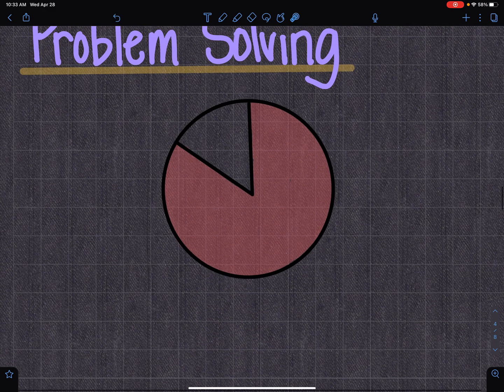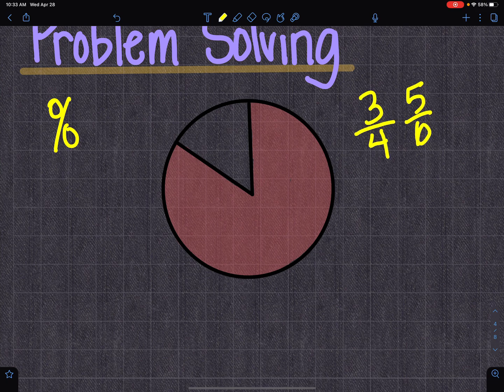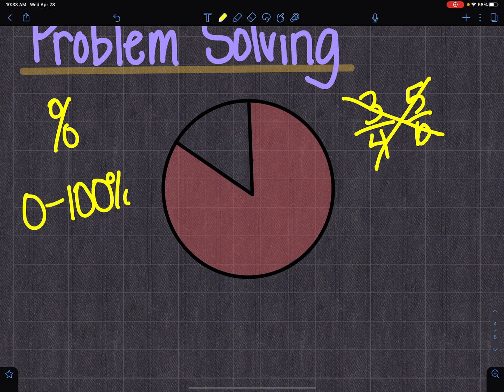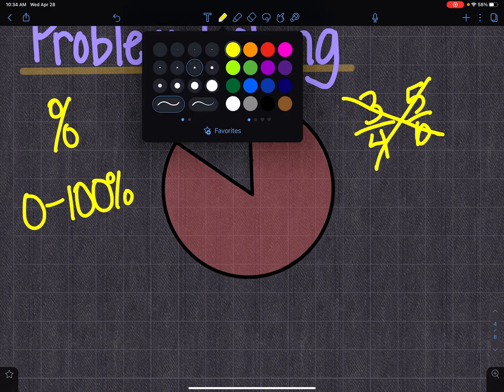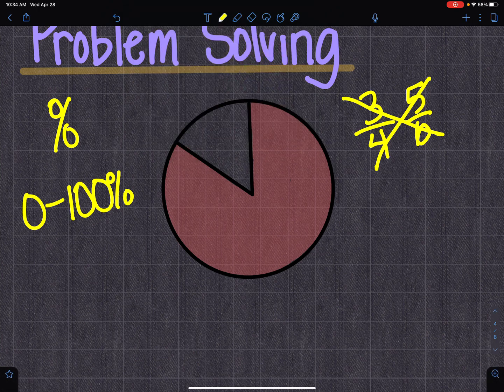Problem solving. We need to figure out, it's asking us what percent. So that's not a fraction, right? The answer is not going to be 3/4 or 5/6 or anything like that. It wants to know a number between 0 and 100 that you think is this pink part in my picture, or the shaded part in your picture. If it was 50%, what would that look like? 50% would be like half of the circle is shaded, right?